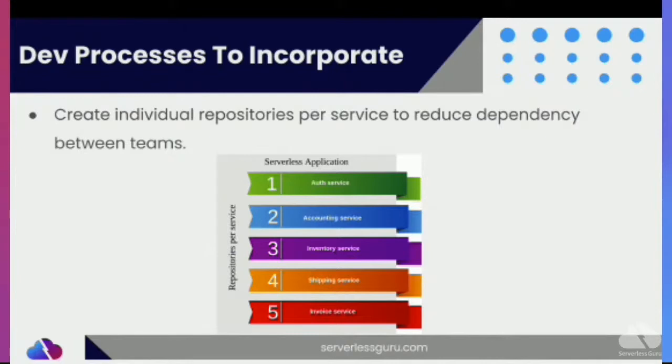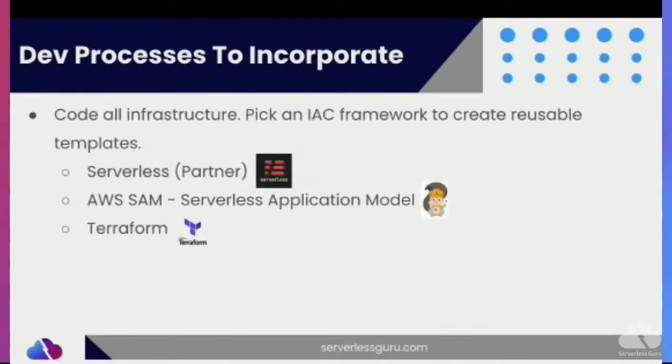The Serverless Application Model from AWS is specifically made for serverless development. So you can pick any one, whatever works best for your teams. But it's crucial to understand that no deployment or provisioning of resources should be done through the console, and it's only through these IaC templates.